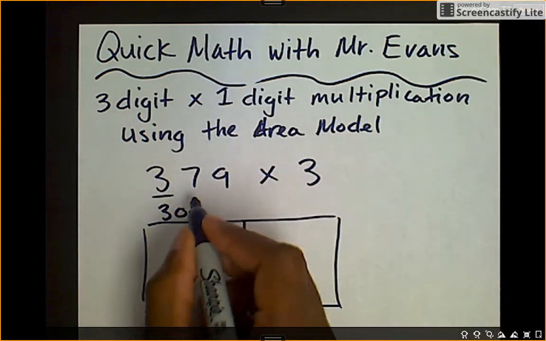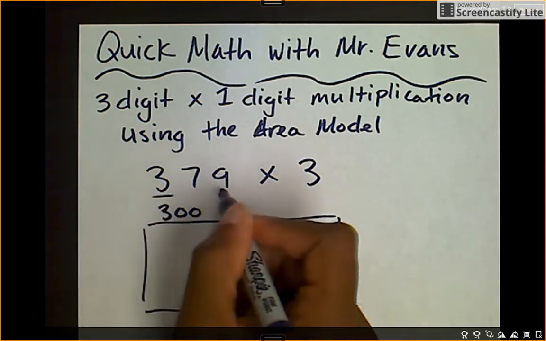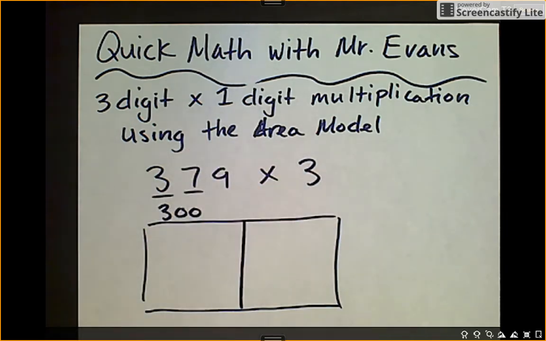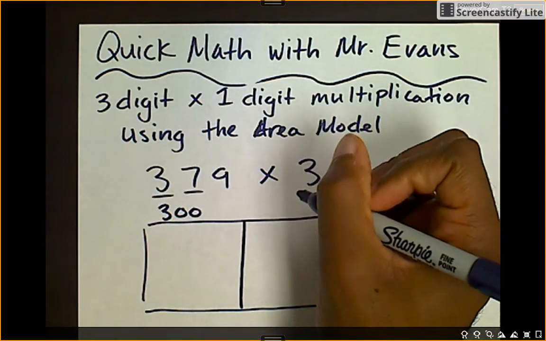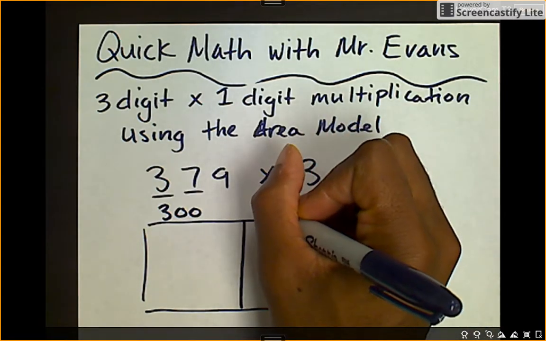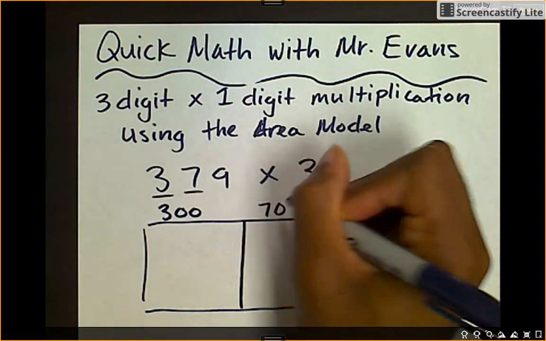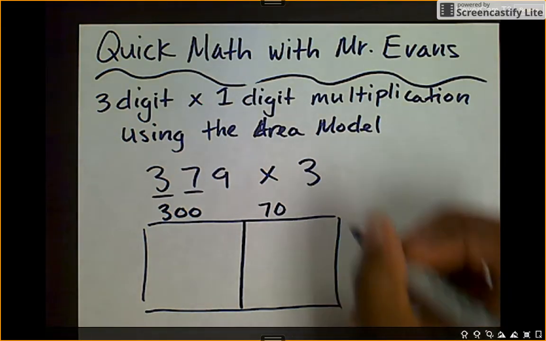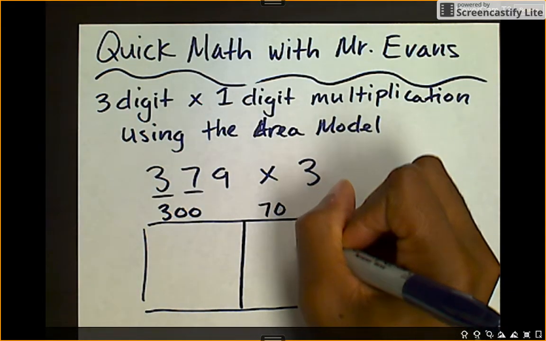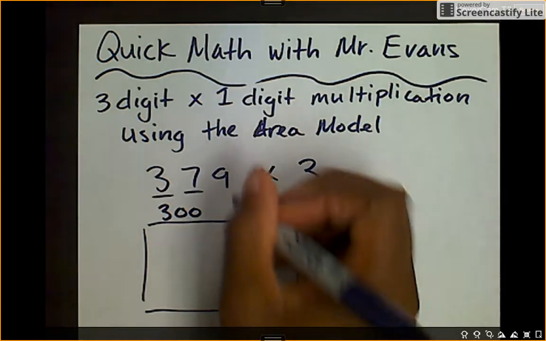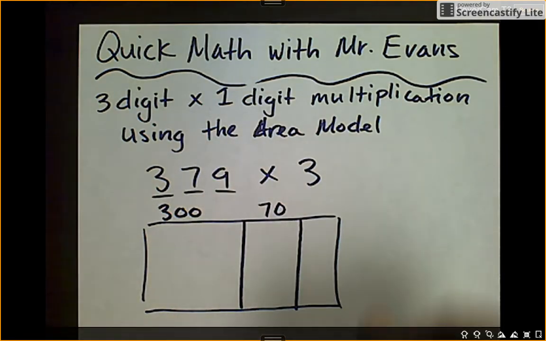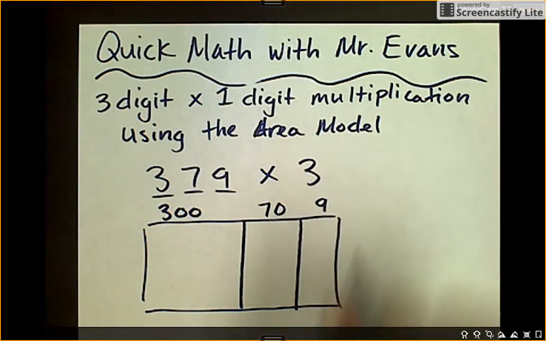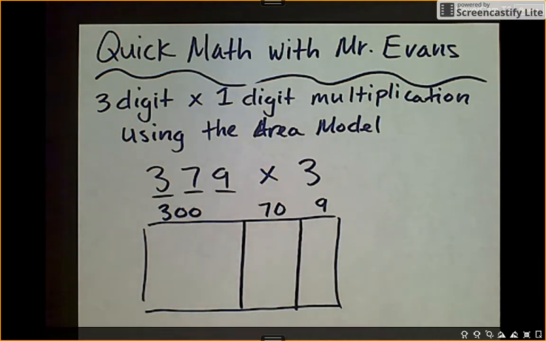Then we look at the next digit moving to the right. As we keep moving from the left to the right, we see there's a 7 there in the tens place, and we know that that represents 70 or 7 tens. We then draw a line to represent what we feel that 70 represents in this area. And then now we're left with the digit 9 that's in the one place and respectively should have a smaller piece of area than the 300 or the 70.